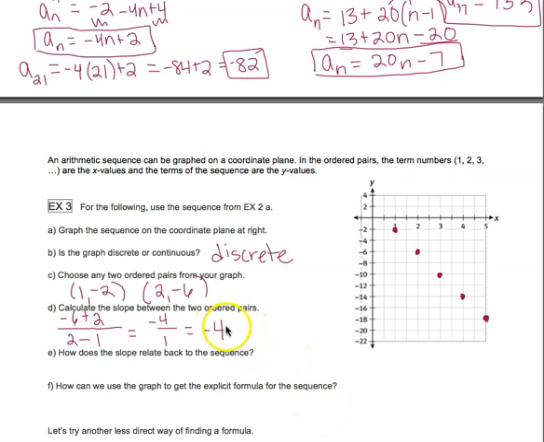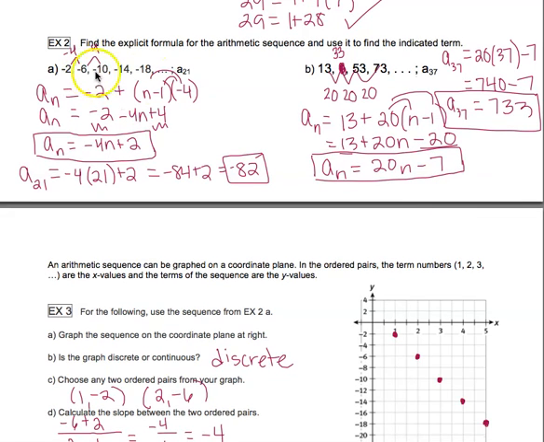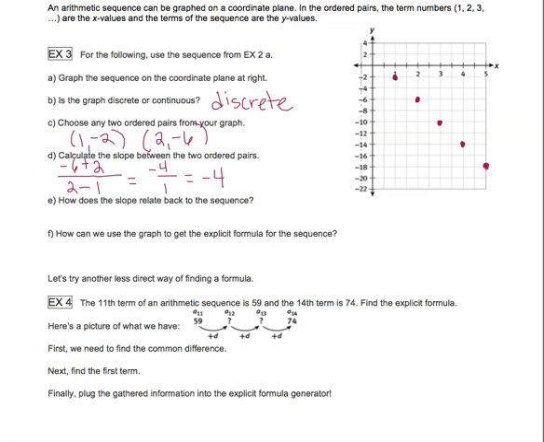So how does this negative 4 relate back to my sequence? When I look at this sequence, what was the negative 4 in the sequence? Hopefully you decided that the slope was the common difference.